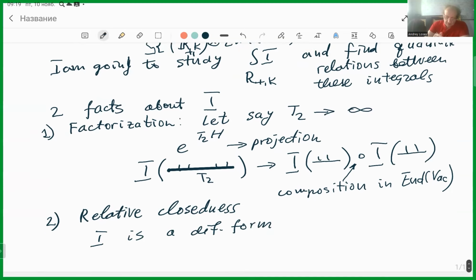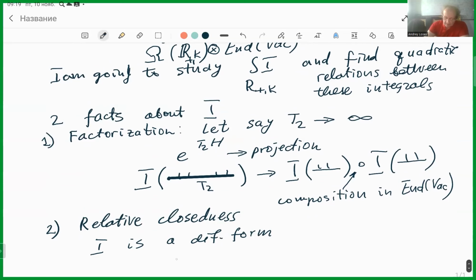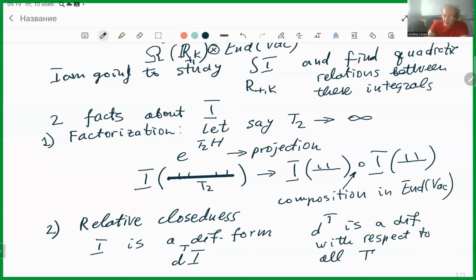I can compute d I. So this d, I put here t. d t is a differential with respect to all t i's.